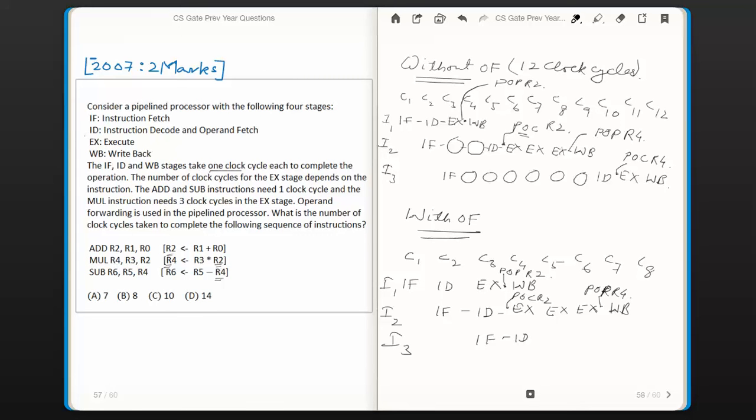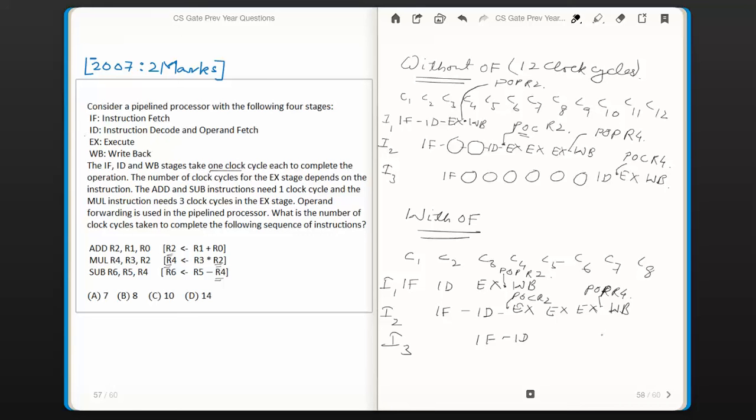It would rather use the output of the execute stage of the previous instruction for the new value of R4, right? So it would directly get forwarded from the output of the execute stage of the previous instruction to the input of the execute stage of the third instruction.